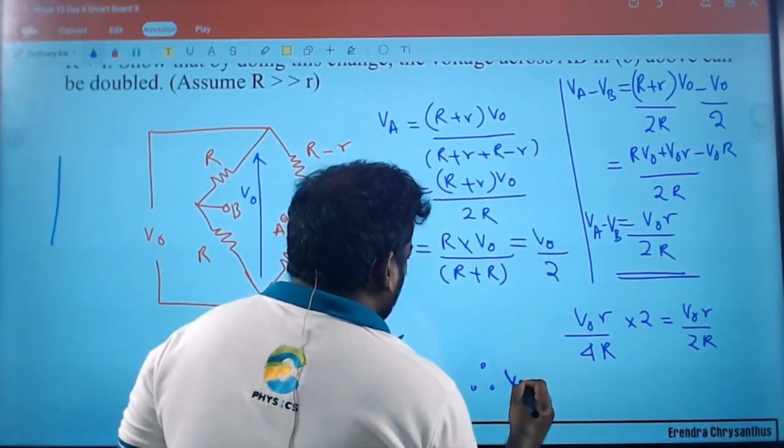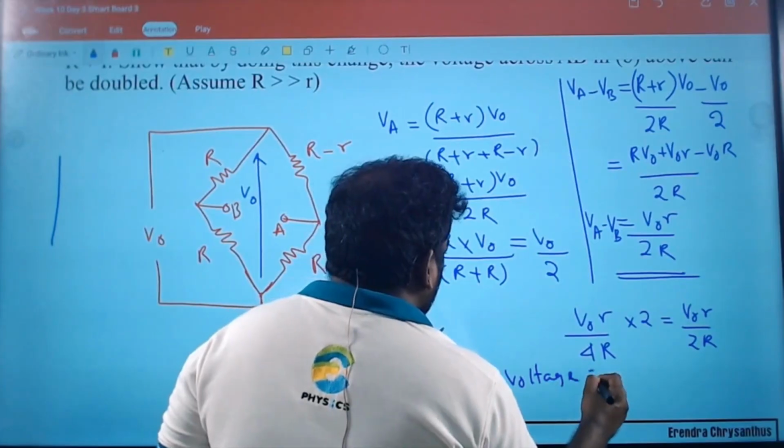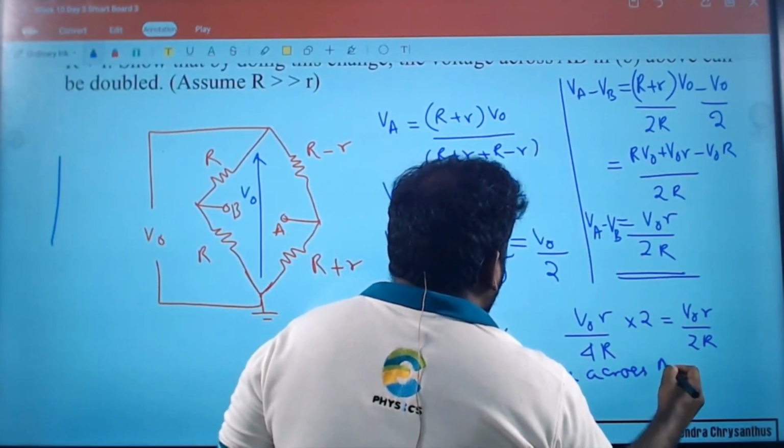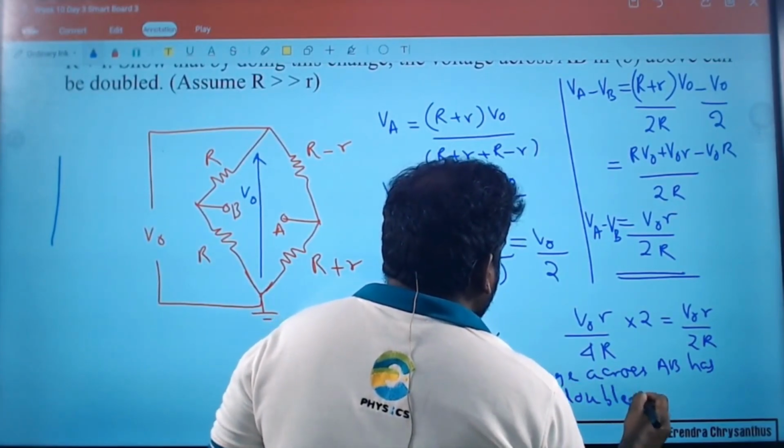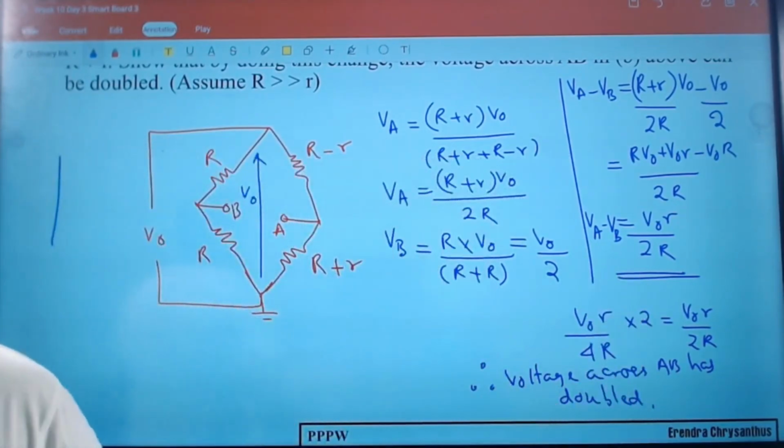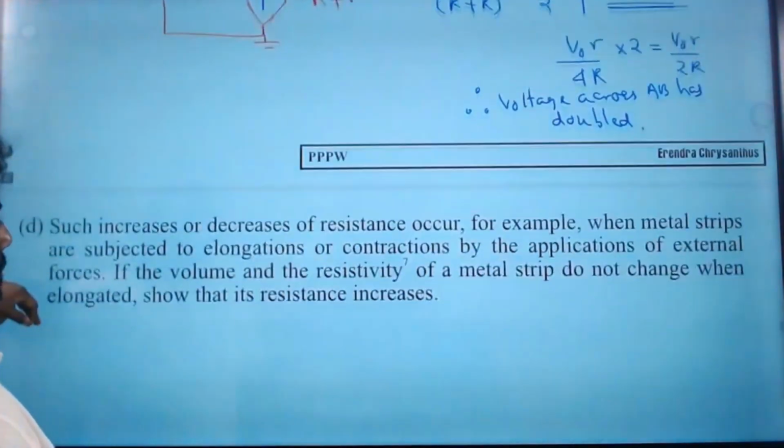Therefore, the voltage across AB has doubled.